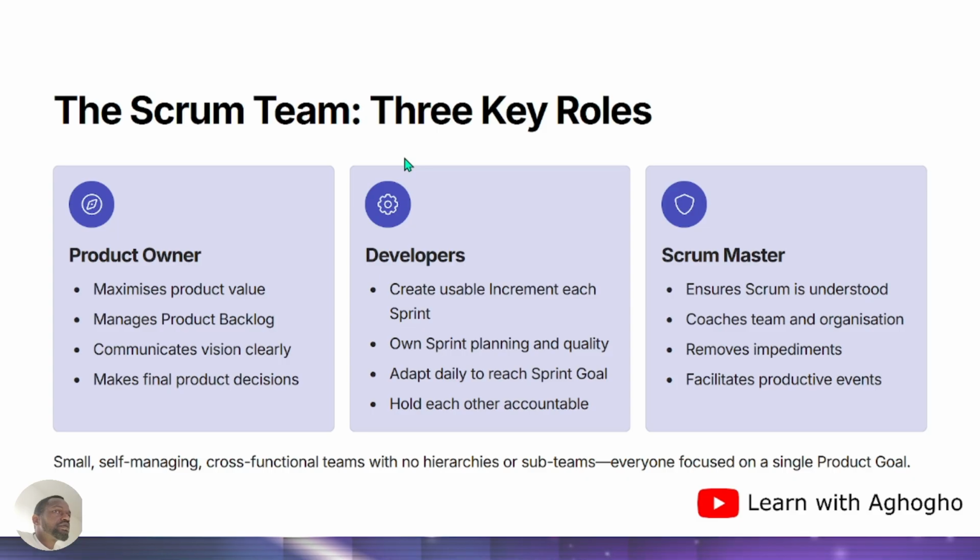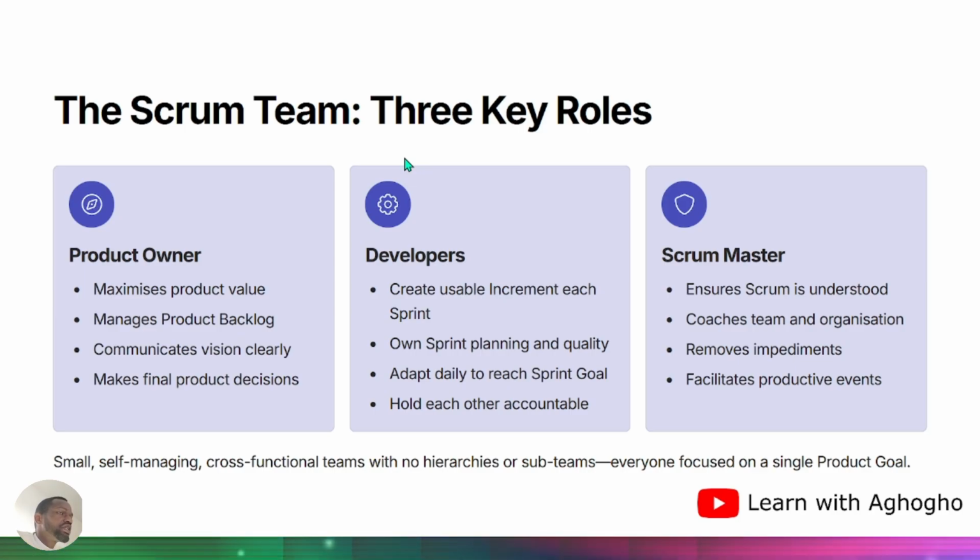He maximizes the product value, manages the product backlog, communicates vision clearly, and makes final product decisions. He or she gets from the stakeholders what they want for that project, puts those into stories, and passes them across to the team in the product backlog.